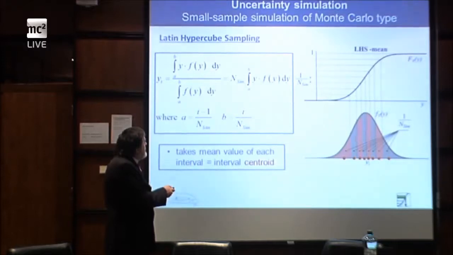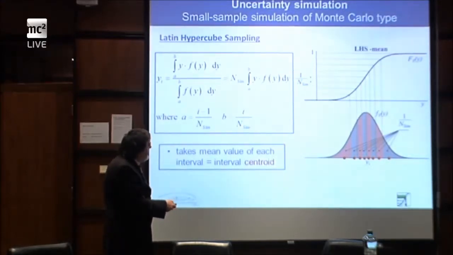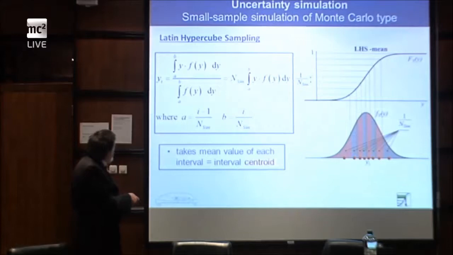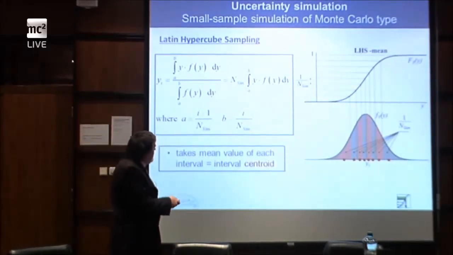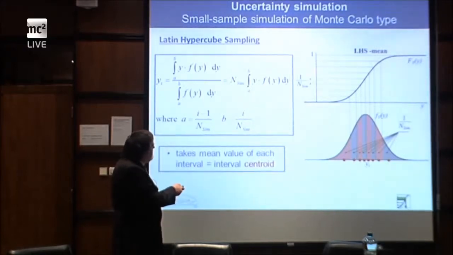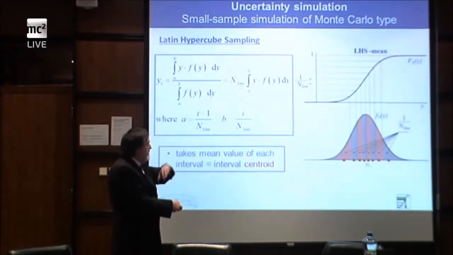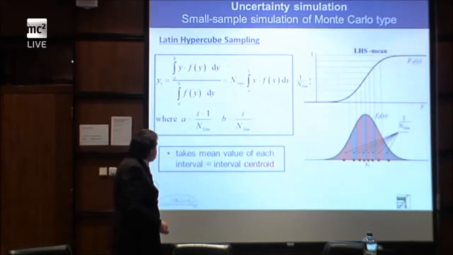And the distribution function is divided into n-sim non-overlapping intervals. And from each interval, we select realizations. Actually, each interval is used only once, and this is the beauty of hypercube sampling, that the space of random variables, even in multi-dimensions, is covered quite regularly, right?